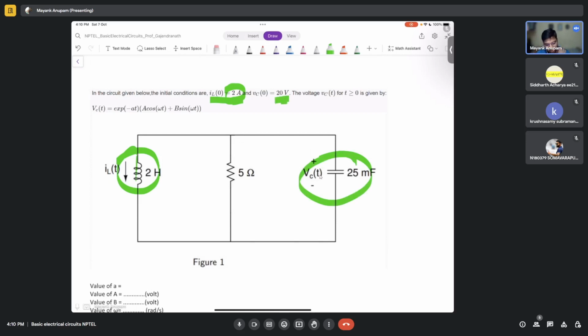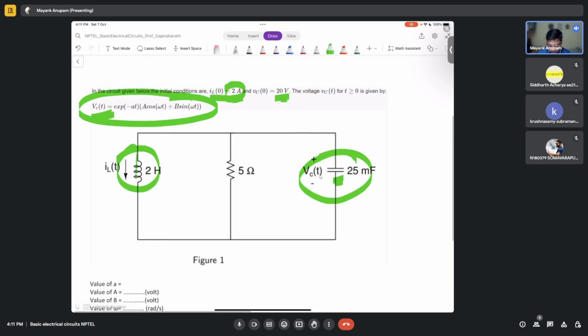The voltage Vc of t for t greater than or equal to 0 is given by the equation here for the voltage across the capacitor at any time t. Now we have to find all the different parameters here: this small a, this capital A, this capital B, this omega. All these things you have to find out.